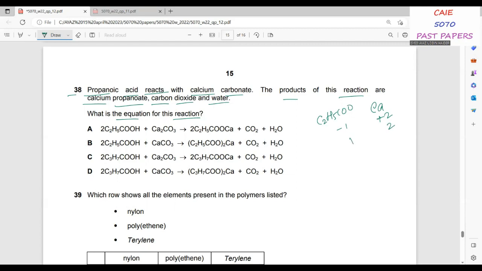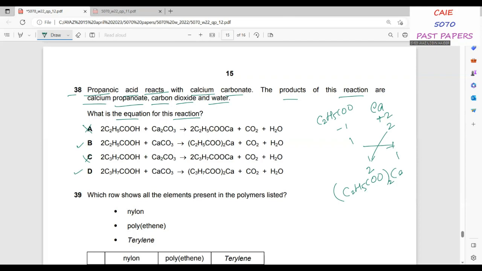These are the subscripts now, 1 and 2, and these subscripts will be exchanged, and you will get (C2H5COO)2Ca. So only choice B and D can be correct. In this case, both A and C are incorrect.